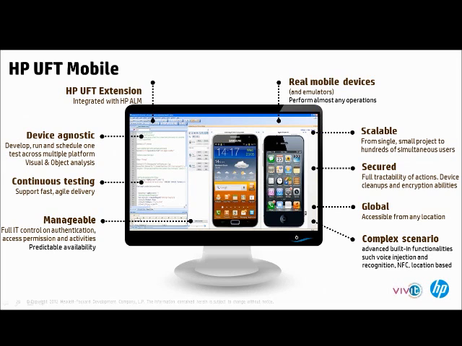It helps us not only automate the testing, but also solve the problem of continuous testing in the agile delivery lifecycle. It provides complete manageability of these devices. From a remote desktop where the tester is working and the devices are hosted in a cloud, whether it's a hosted solution or an on-premise private cloud, we can manage the devices completely.